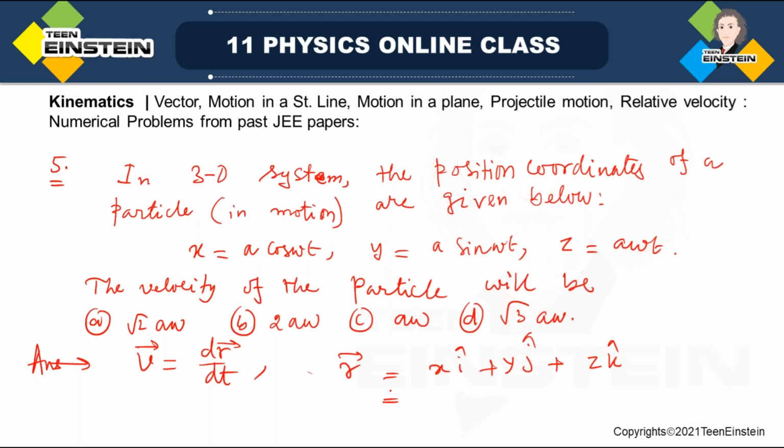Okay. Now what is x? We'll just put it here. a cos of omega t, then a sin omega t with j cap, and with k cap, a omega t k cap.